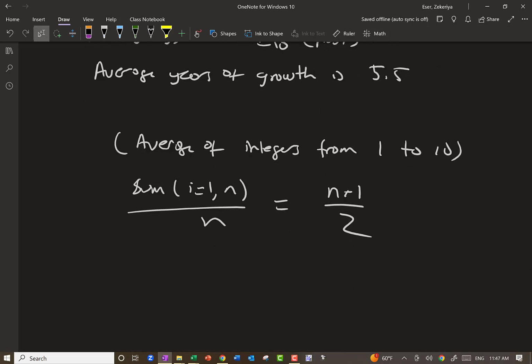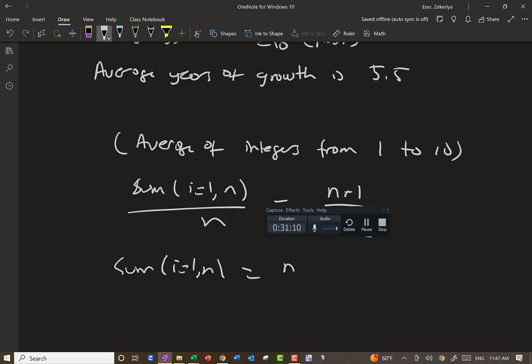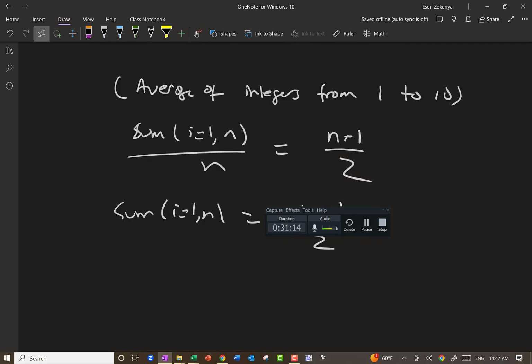It's based on the sum of the numbers being n times (n plus 1) over 2. So if you wanted the sum of the numbers from 1 to 5, 5 times 6 over 2 would be 15. So the average would be 3, I'm sorry, not 2.5.